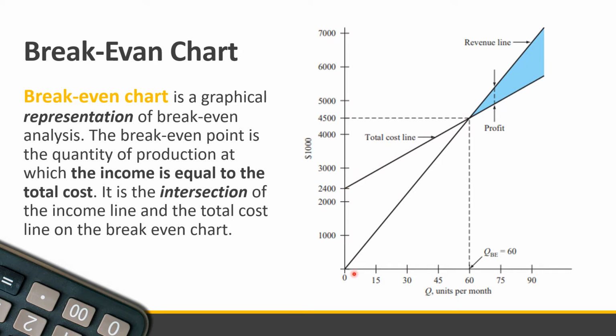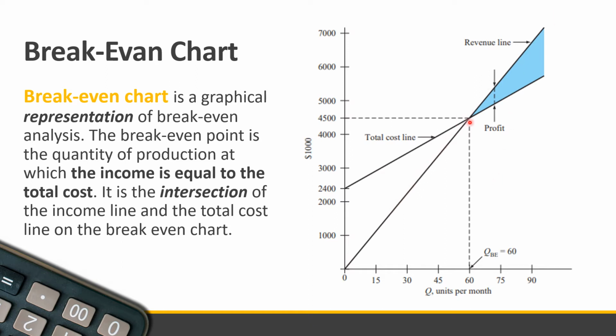So of course, at zero, since this is a cost, may certain initial cost. So that is $2,400 in this case. So habang lumalaki yung production mo, production Q per month, lumalaki din yung total cost line mo, of course. So from zero, nag-start naman yung income or yung revenue line.